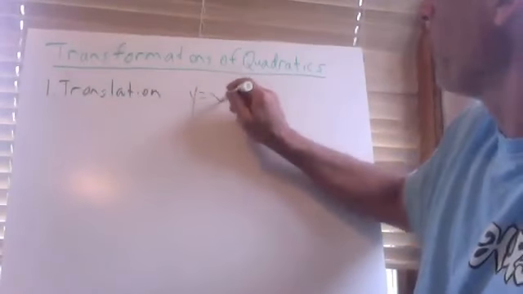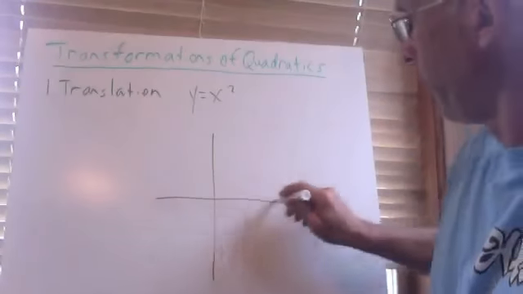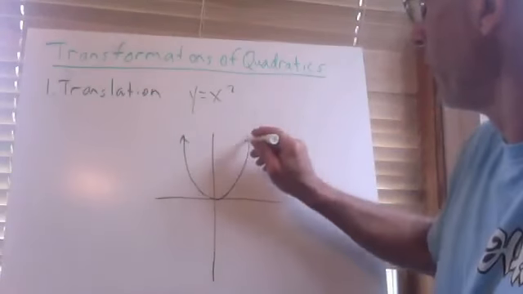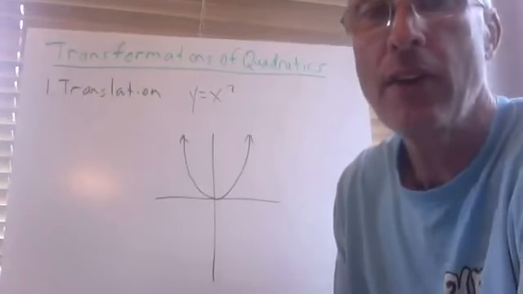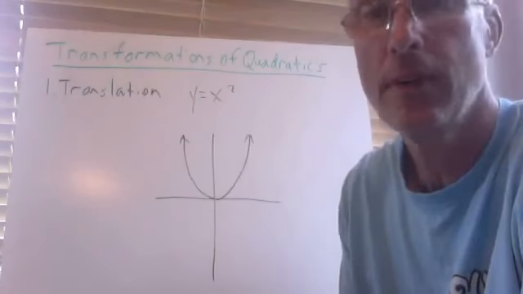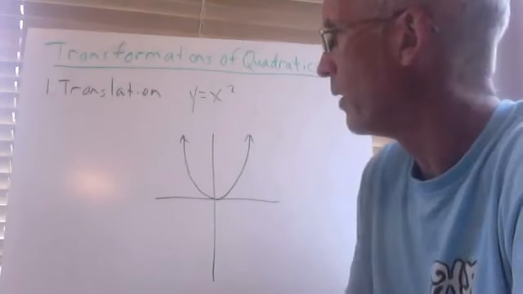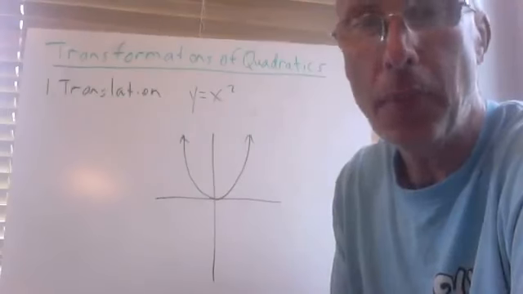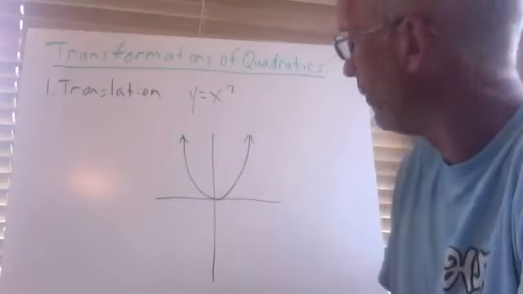If y equals x squared is your typical parabola, it looks something like that. The way that I translate things up or down is I simply add or subtract to that.